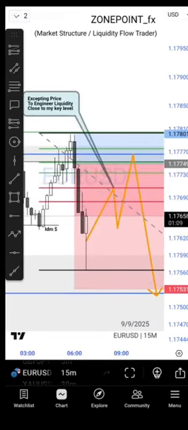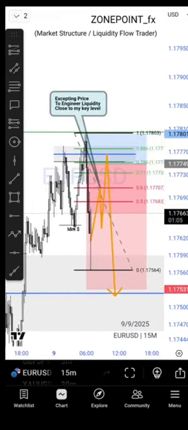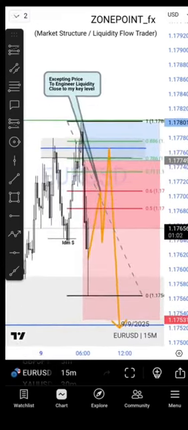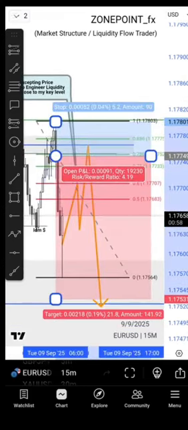So that's what we'll be expecting. So far so good. Let's just see how it's going to play out, and let's stay tuned as well.